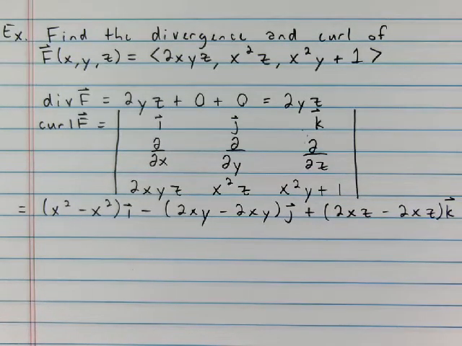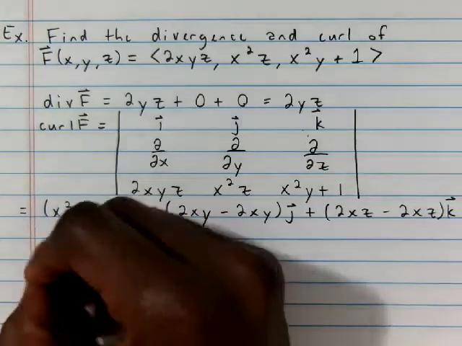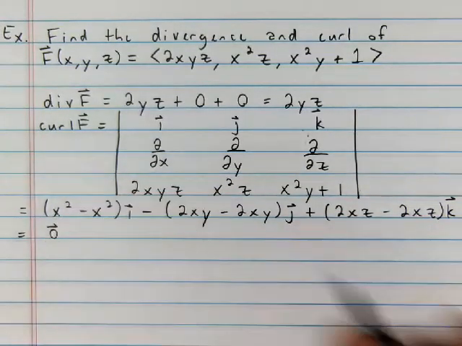So we get 0 for all three of our components. So it means we get the 0 vector.